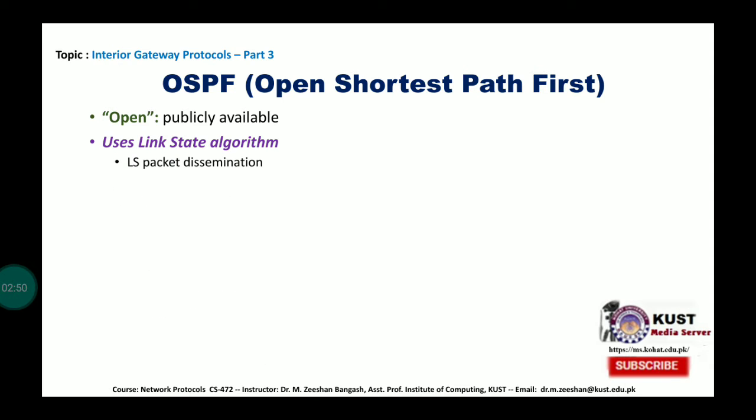Link state packets are disseminated, and every node in the complete topology stores the map of the network that's going to be shared with the neighbors, and it uses basically the Dijkstra algorithm. In the upcoming lectures, we will also be discussing this Dijkstra algorithm and its operation. So the routes are computed using this algorithm.